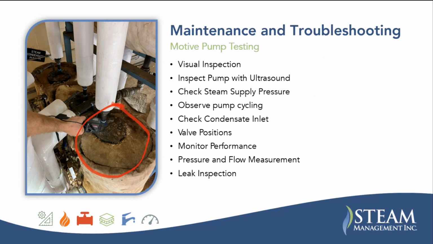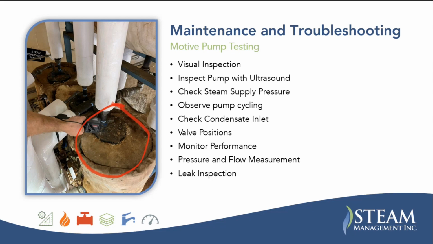Maintenance and troubleshooting. Let's talk about some things with motive pump testing. You want to do a visual inspection. You can inspect that the motive steam is available. You want to check for any visible damage or loose connections, and that gauges are in good repair, those types of things.